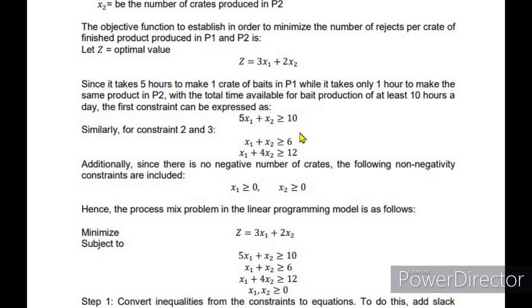So they are greater than or equal to 10, because it is said in the problem that at least 10. Okay? Similarly, for constraints 2 and 3, this will result. Okay? So you just refer to the problem why these constraints have the coefficient 1, 1. Okay? So it is in the problem.